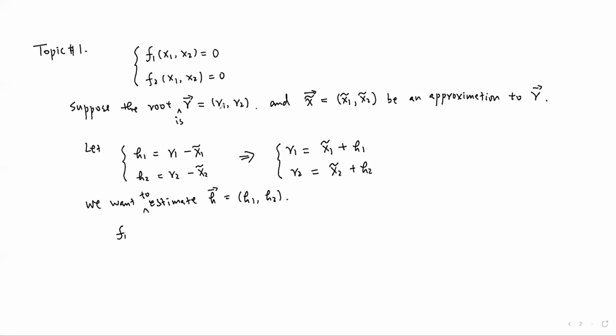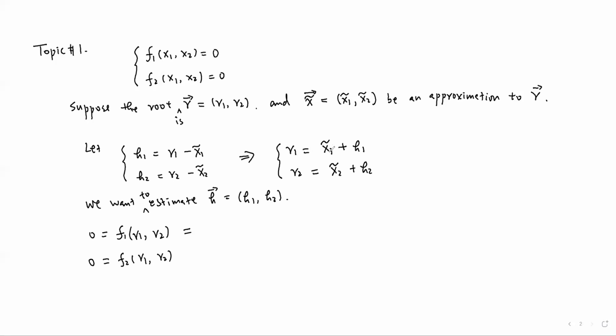By assumption, (R1, R2) is a root of this system. So F1(R1, R2) should be 0, and F2(R1, R2) should be 0, right? Now let me plug in these two equations.